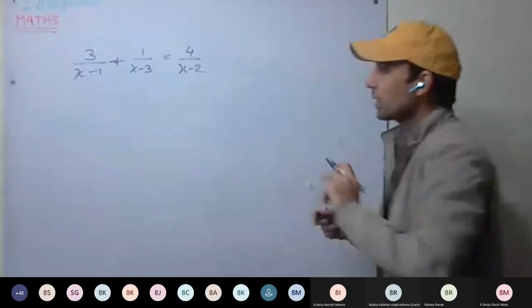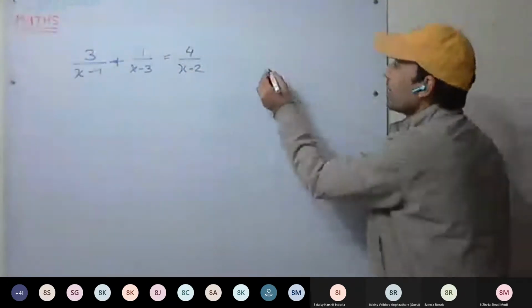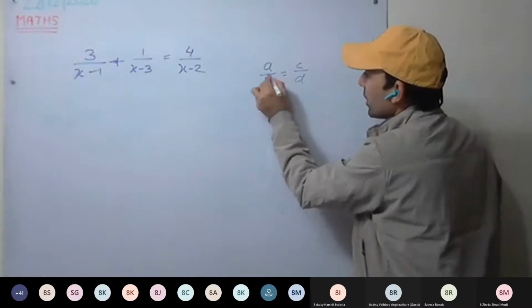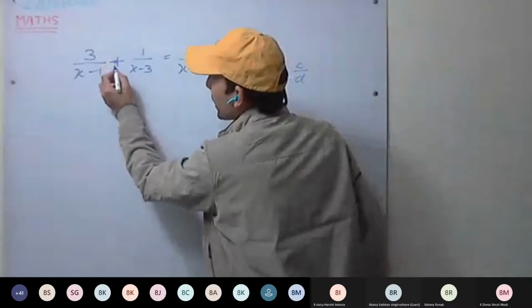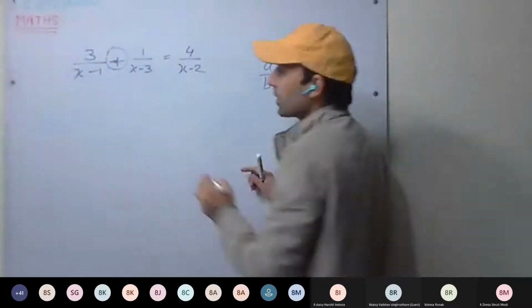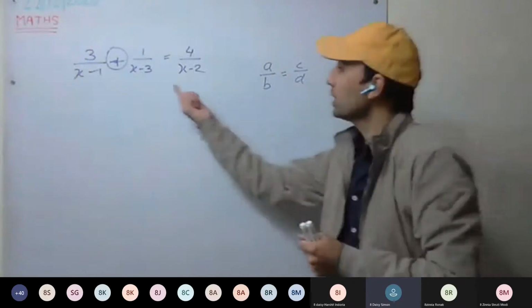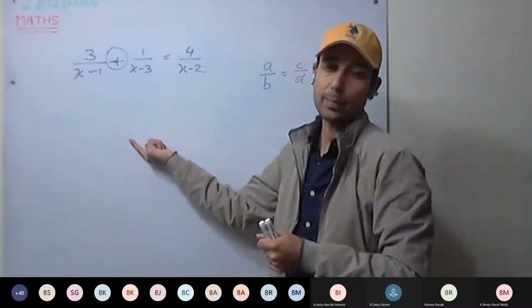Can we cross multiply here simply? See here, earlier the form was a by b equal to c by d, so we could simply cross multiply. But here, on the left hand side, there is a plus sign. We can't cross multiply. So first we have to simplify before cross multiplying.